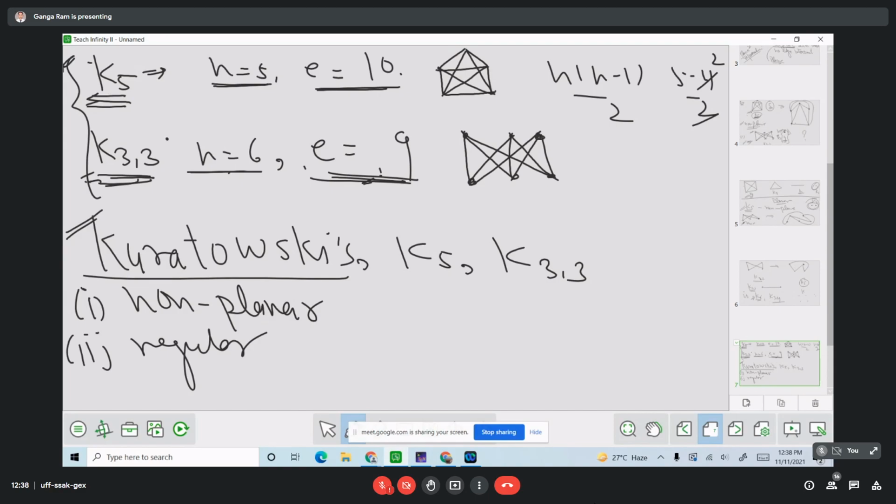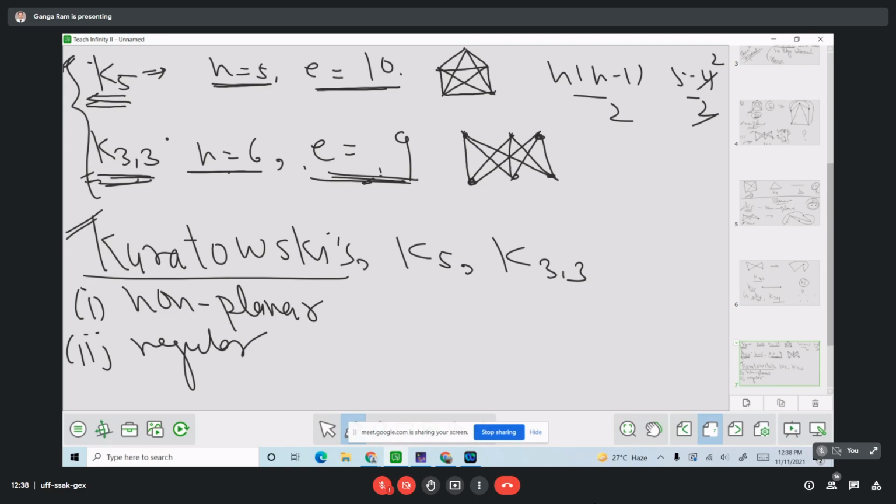This is K33. Clear? So both are non-planar, both are regular. Regular means every vertex has the same degree: 4, 4, 4, 4 and 3, 3, 3, 3. This is a 4-regular graph and this is a 3-regular graph. Clear?